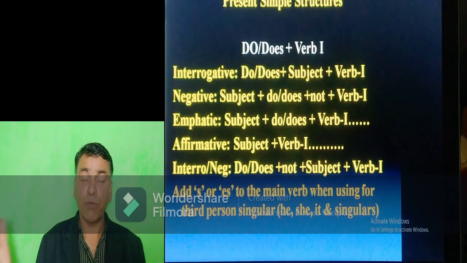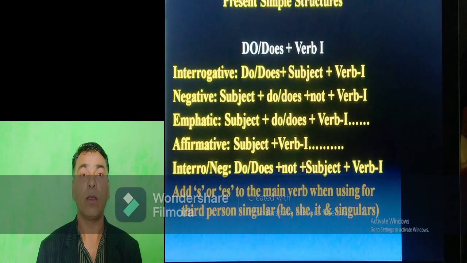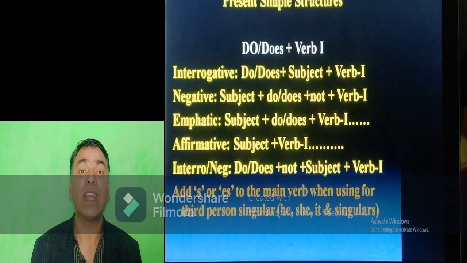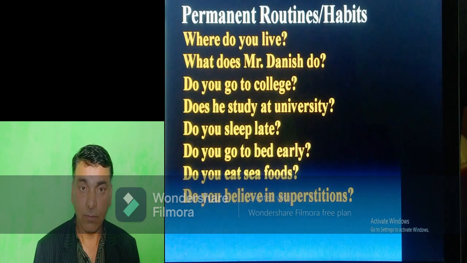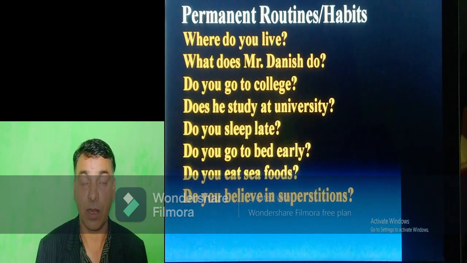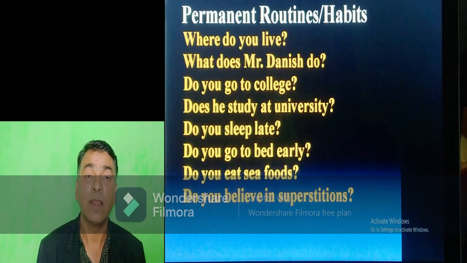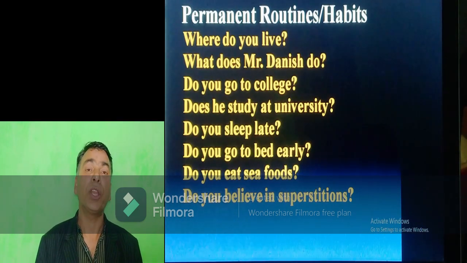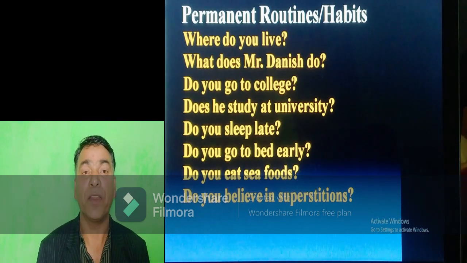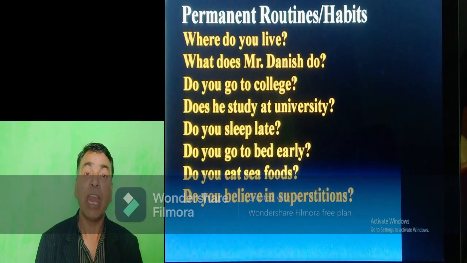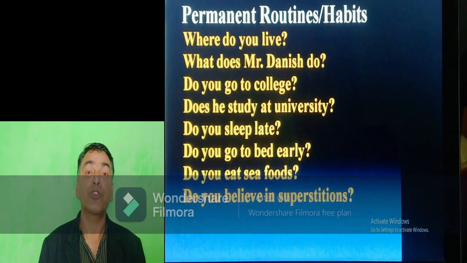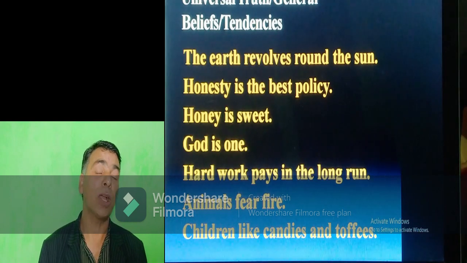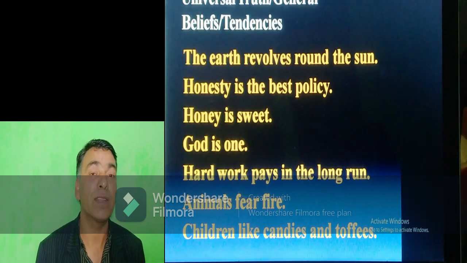Hard work pays in the long run. Majority of the people believe in it. Or for example, God is one. God is great. It's a general belief in which the majority of the people believe. And when we talk about general beliefs, you use present simple.